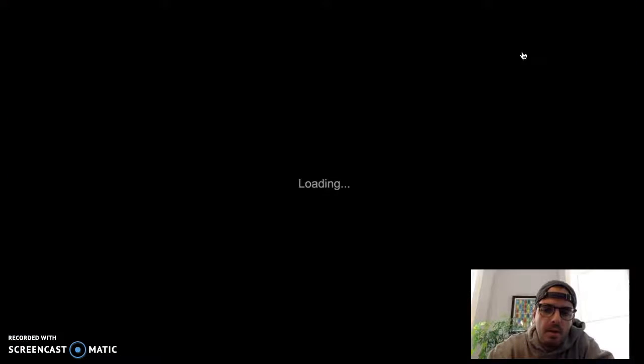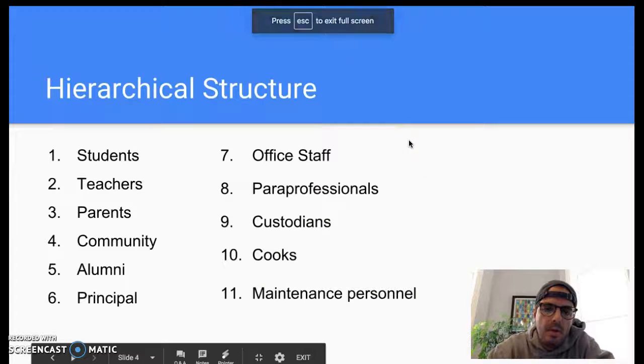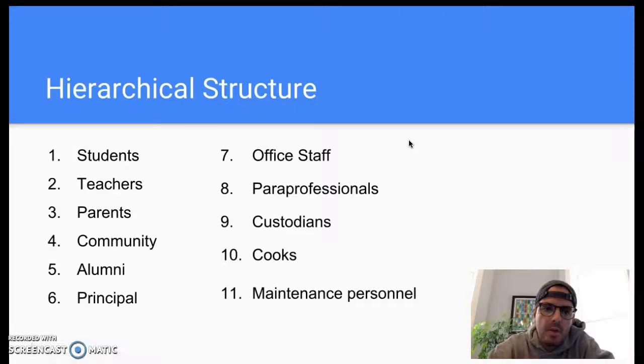The next part of our assignment for this week was to form a structure or a hierarchy of the different people involved in a school building, and lay out in order of importance each group of people.